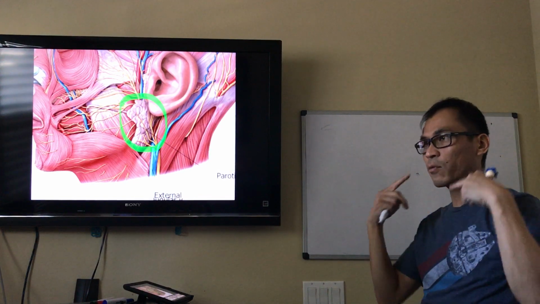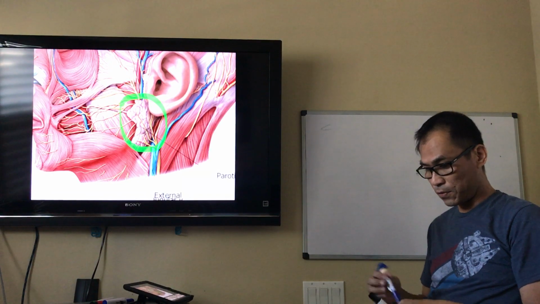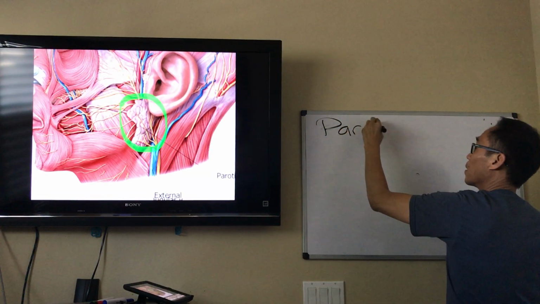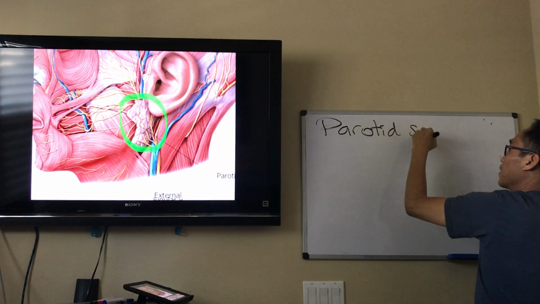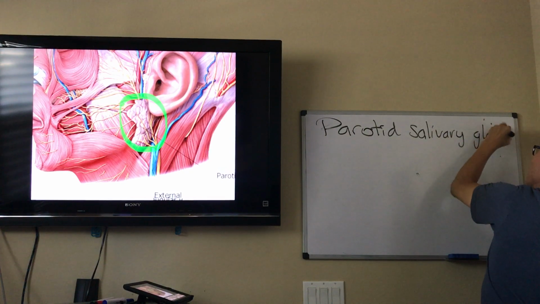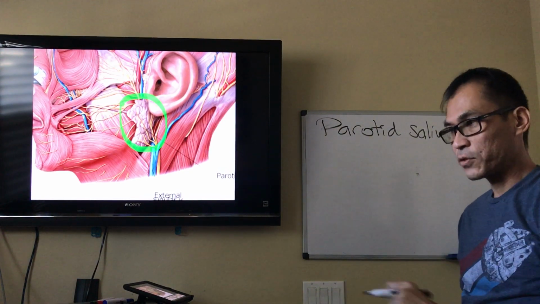You might notice a tingling with the first bite of food. You're stimulating that gland to make saliva to help chew your food. So note parotid salivary gland, because deep to this gland, that's kind of where you get the terminal branches.